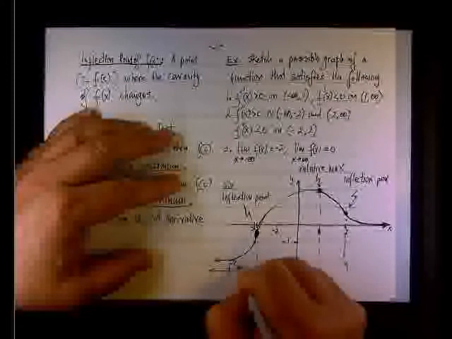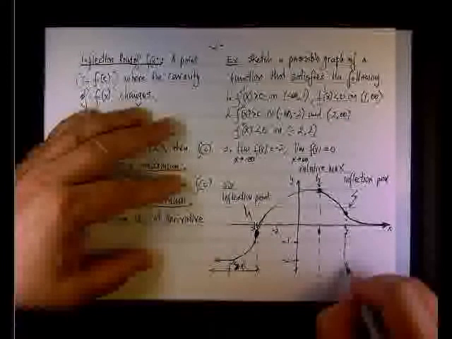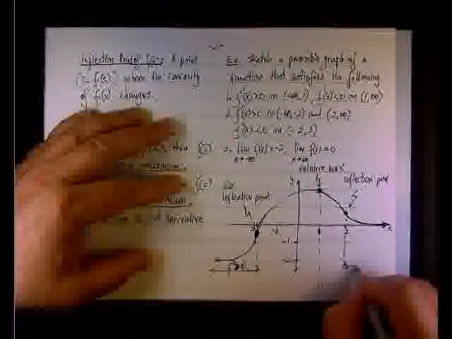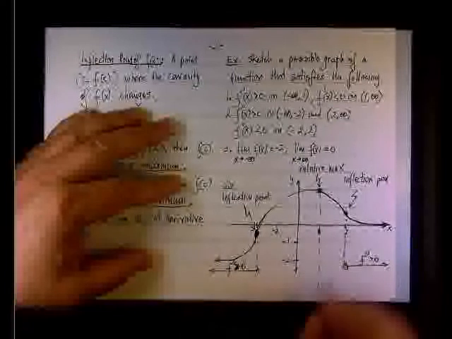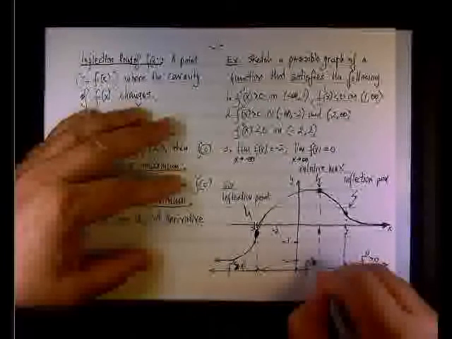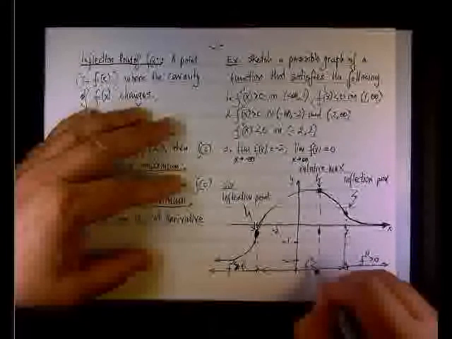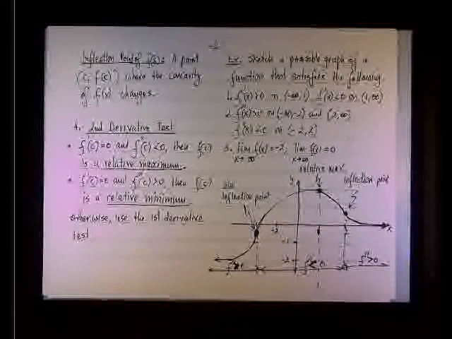So f double prime is positive right here, it's concave up, and f double prime is positive right here. On the other hand, f double prime is negative, yes, it's concave down right here. So positive on the left, positive on the right, and negative in the middle.